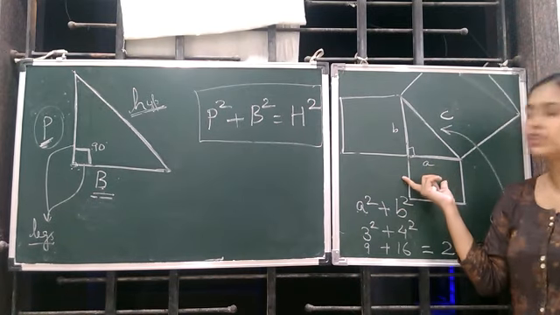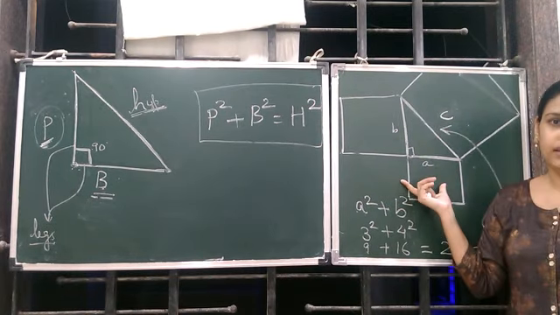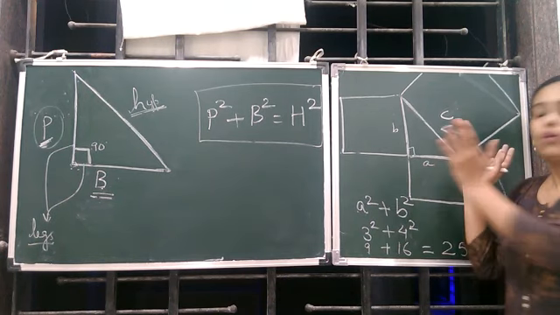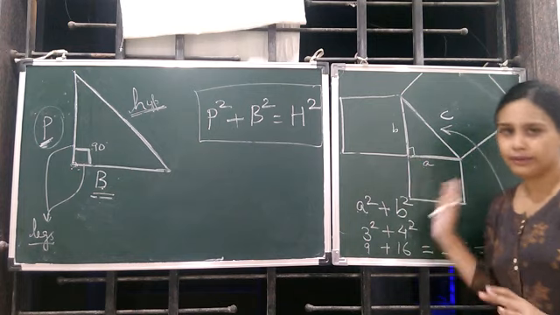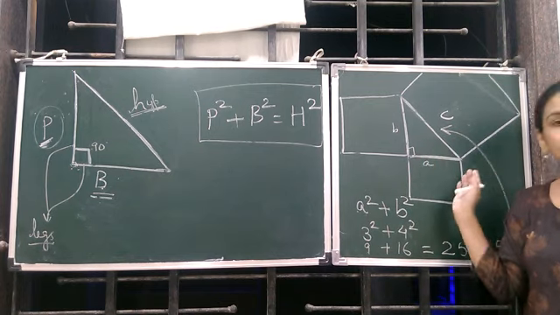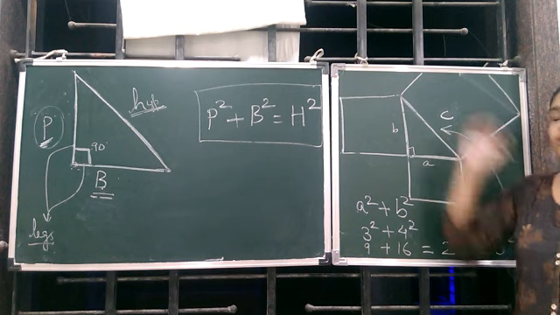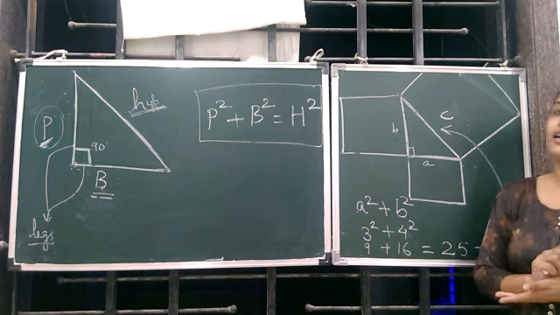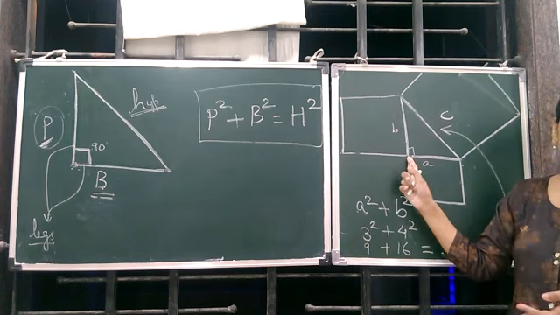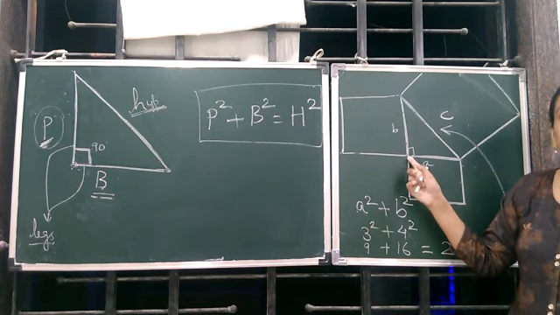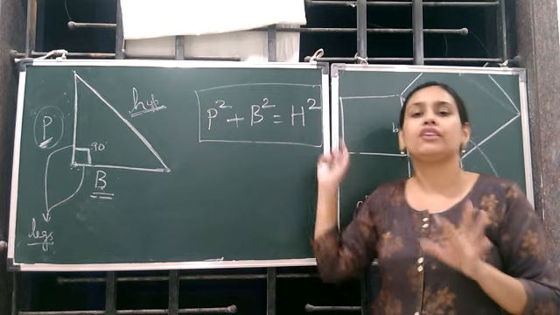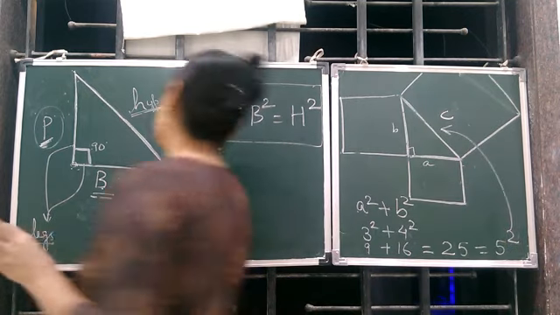We've already deduced it. हमने पहले ही उसको solve किया. 3 squares लिए, उनको जमाया, triangle बनाया, उनके sides को add किया, तो perpendicular को और base को when we added, we found that it was equal to the third side, that is the hypotenuse, and hypotenuse is always opposite to the 90-degree angle. So this property is known as the Pythagoras property, or you can also say Pythagoras theorem. Okay.